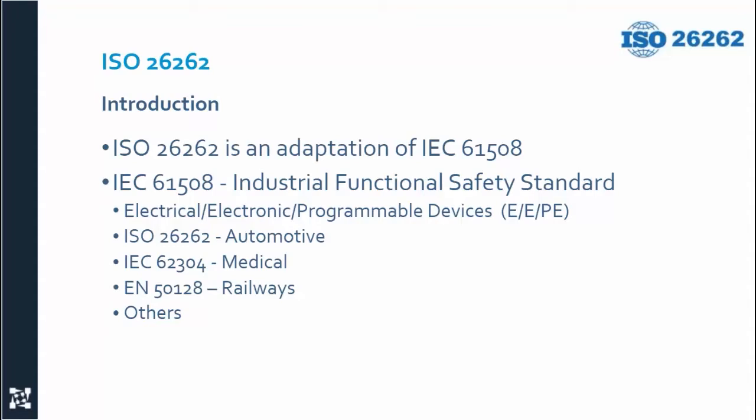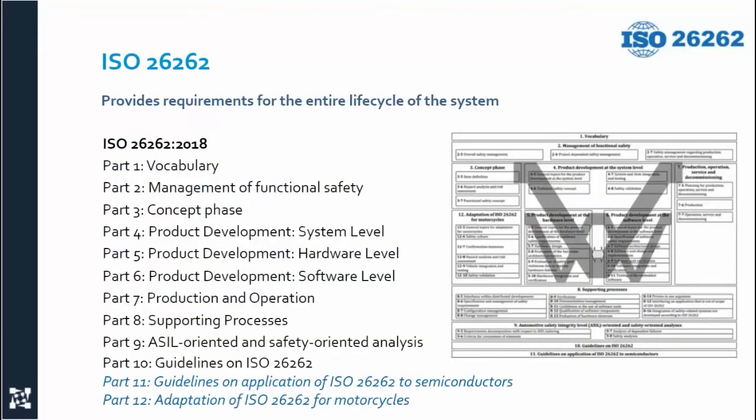Okay, but let's now dive into the parts of the standard. You can see the latest ISO 26262, 2018, is subdivided into 12 parts. The standard has been evolving since its first edition was released back in 2011. I'm going to start with the most current adaptations.